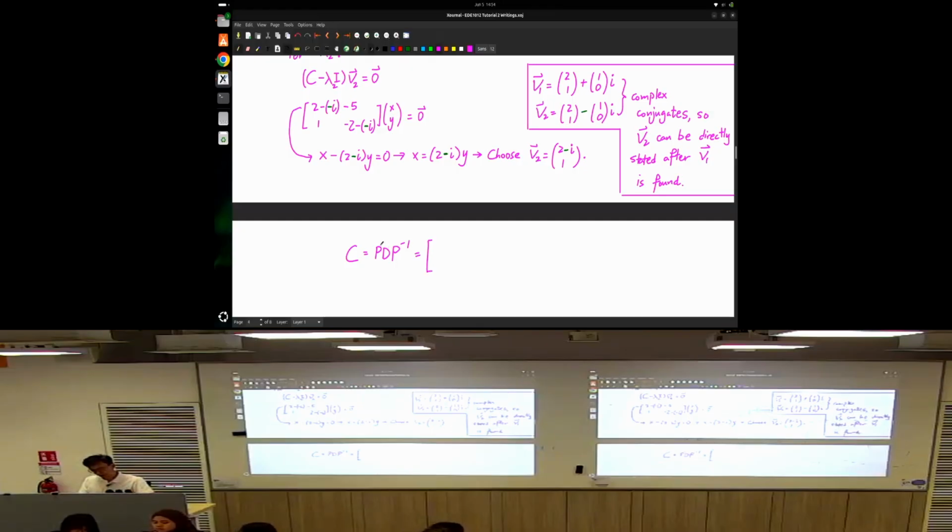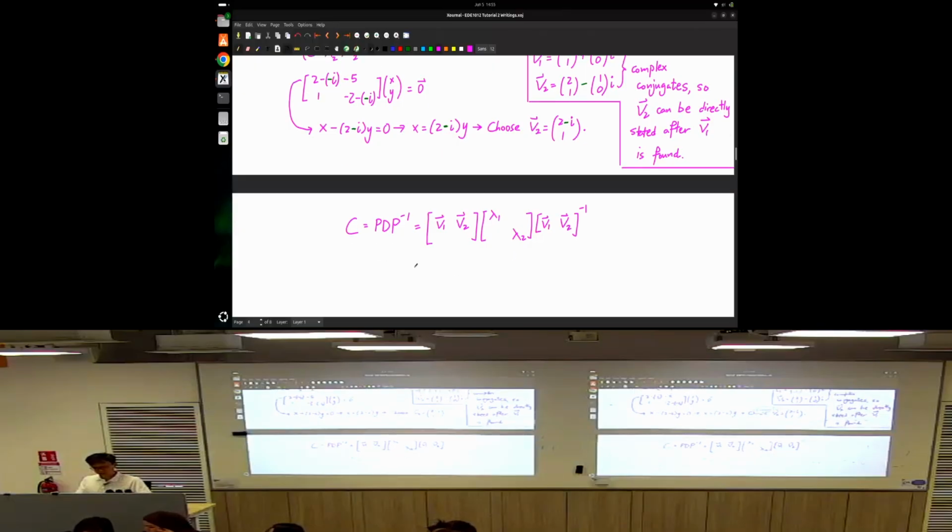If in your P you put V1, V2, then in the diagonal you must have lambda 1, lambda 2, strictly in this order. If you put V2, V1, that means you swap V1 and V2, then you must also swap lambda 1 and lambda 2. You cannot plug the eigenvectors in an order that is different from the eigenvalues. That is the main takeaway.